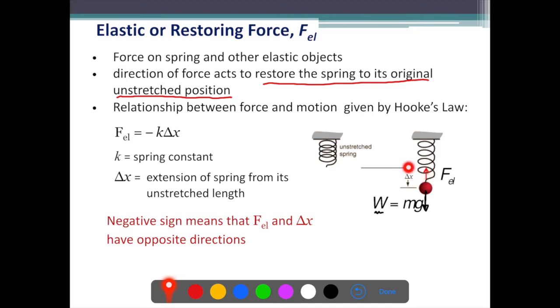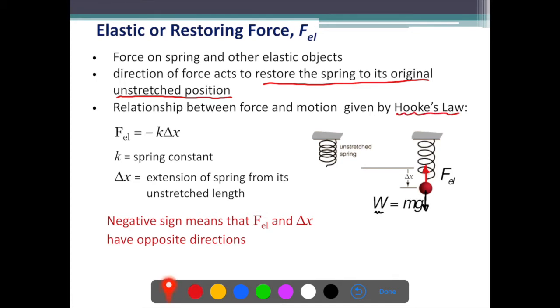It will stretch it by a quantity delta x. Okay. Now the elastic force will try to restore the spring to its original unstretched length, and therefore the elastic force will be directed upwards this way, because it will try to restore this stretched spring to the original unstretched condition. And the relationship between the elastic force and the amount of stretch is given by this equation, which is called Hooke's law.